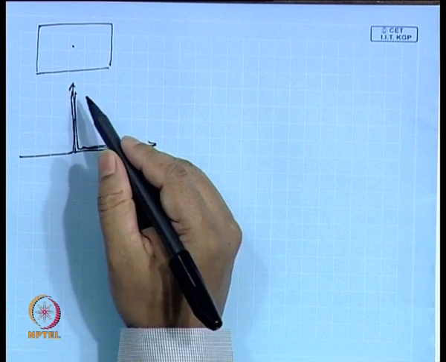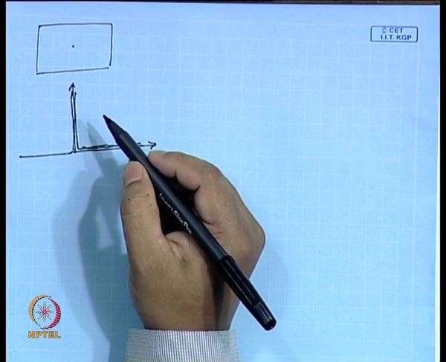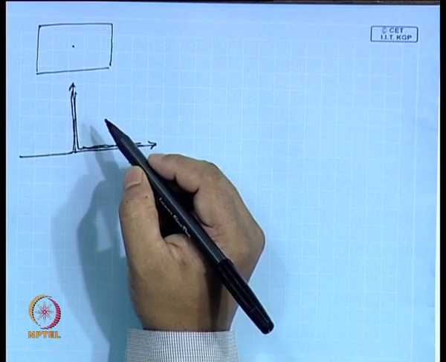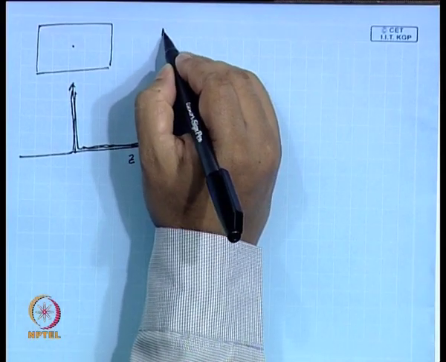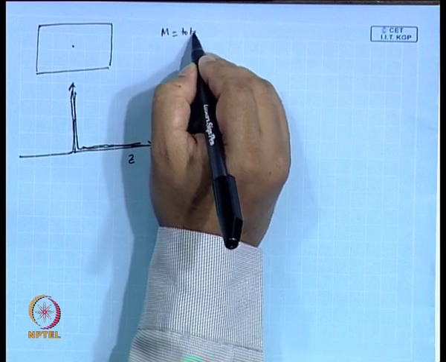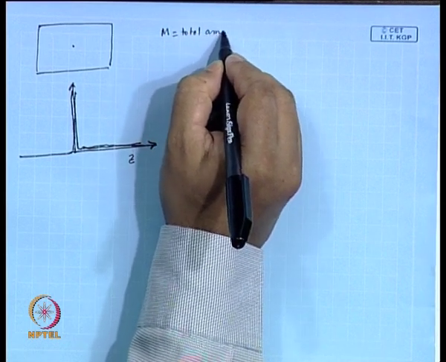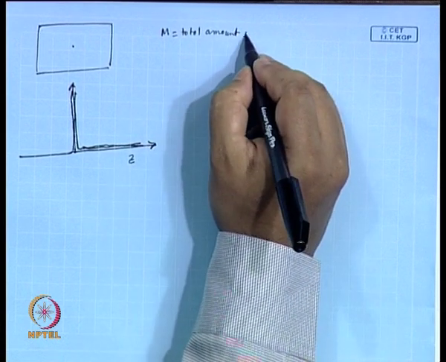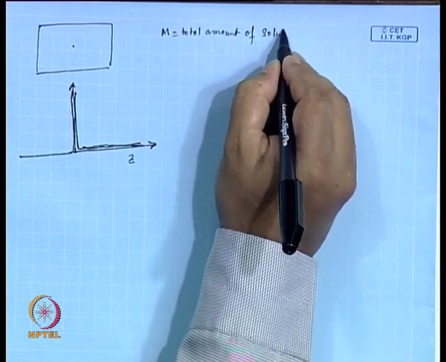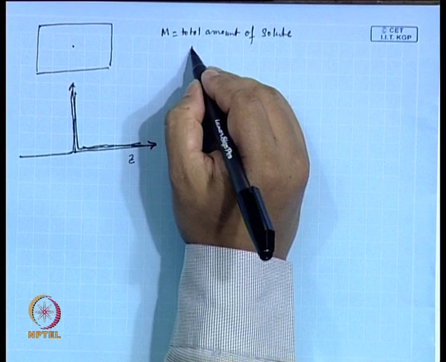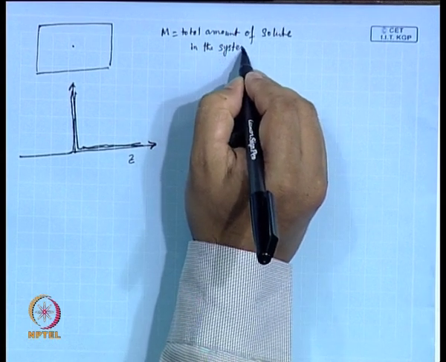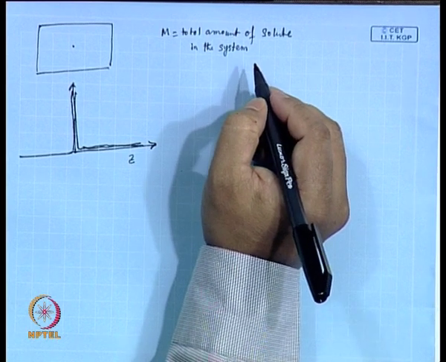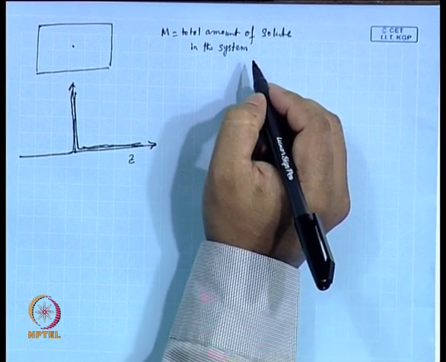Now, the other thing that has to be satisfied here is that suppose you put M equal to the total amount of solute in the system.